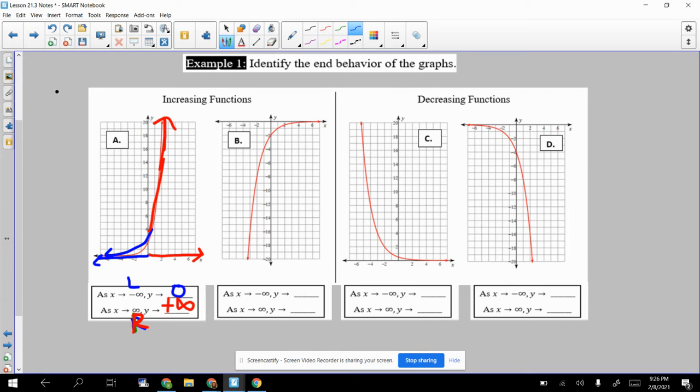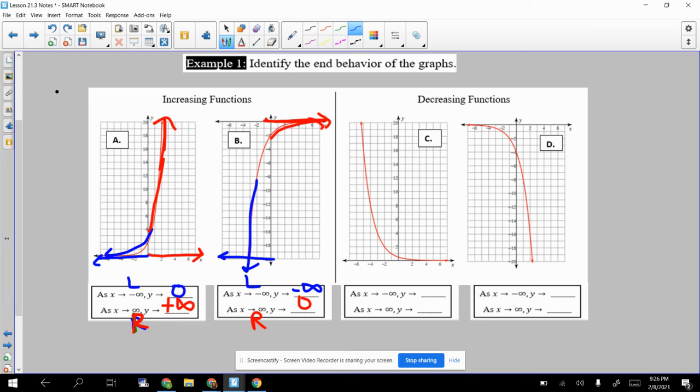Okay, let's try another one. As x approaches negative infinity, so as we move to the left, what's happening? Well, this is pointing downward. So we would say y approaches negative infinity. And then as we move to the right, towards positive infinity, what's happening? Well, your graph is approaching that asymptote, so 0.